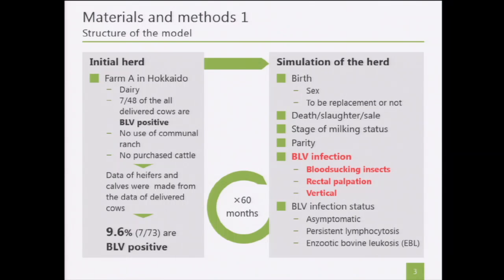In this study, infection by blood-sucking insects, by rectal palpation, and vertical infection were considered. Also simulated was change of BLV infection status, from asymptomatic to persistent lymphocytosis, and persistent lymphocytosis to EBL.